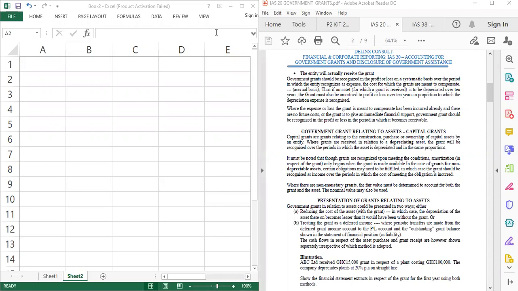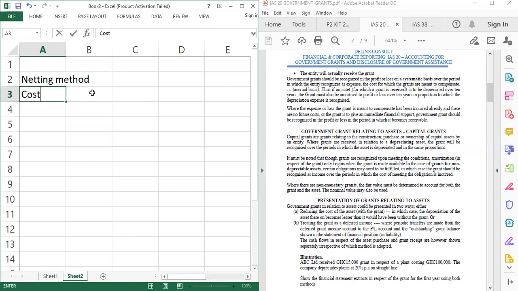Okay. So let's look at the first method: reducing the cost of the asset, or the netting method. So the netting method is, we have the cost.